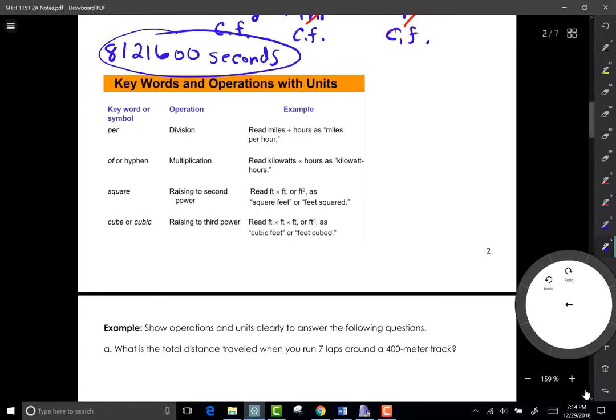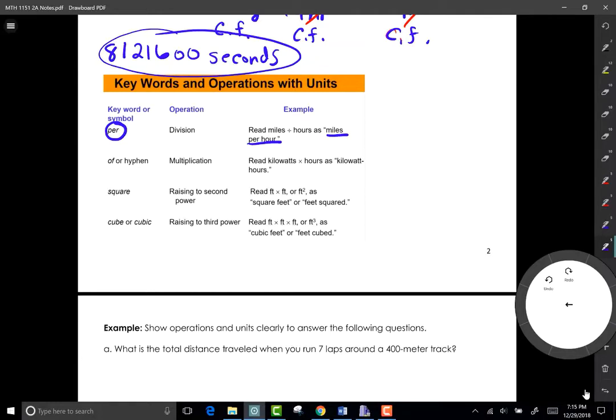Okay, here I have taken a chart that I found. And this will give you some keywords, and so you'll know what to do when you see these keywords. Okay, per means division. And so when you see, here's the example here, when you see miles per hour, that means the unit miles per hour means you're going to take whatever the miles are and you're going to divide by the number of hours.